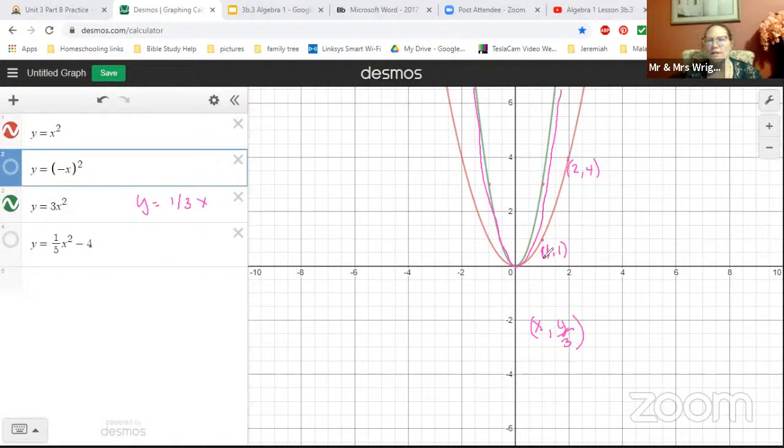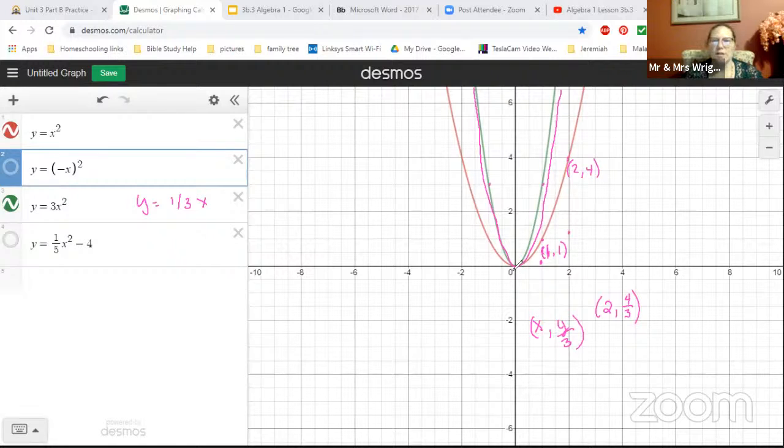So 1 times 1/3 means it's going to be all the way down here, right? And 2 is normally 2, 4, where 2 is the x and 4 is the y. In this case, it would be 4/3, or 4 times 1/3. And so 4/3 is 1 and 1/3. So at x equals 2, y would be 1 and 1/3.